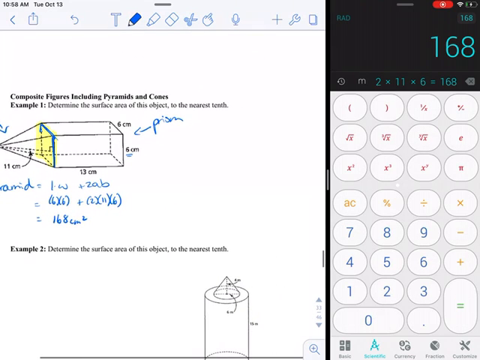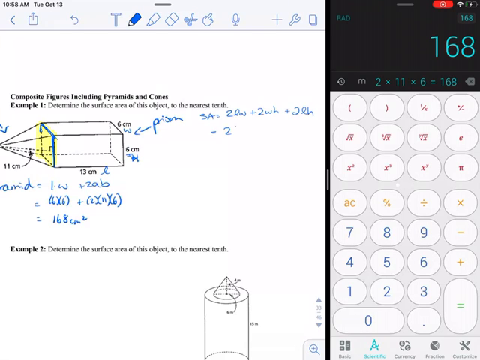Now let's do the prism. For that surface area, you have to go back a couple of lessons, but it's 2 length times width plus 2 width times height plus 2 length times height. So that's our length, width, and height.